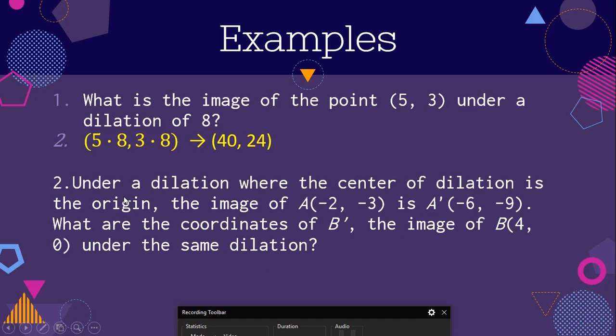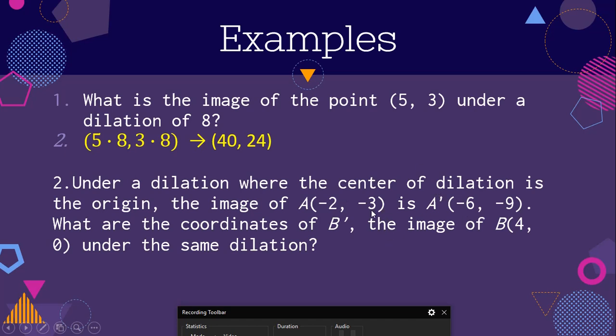By telling you that, that just confirms that the multiplication rule we just established will work. The image of A is A prime. We're looking for the coordinates of B prime, which is the image of B under the same dilation. They did not give us the scale factor or rule. So to go from A, which was at -2, we went to A prime, which is -6. Think about what you would multiply by.